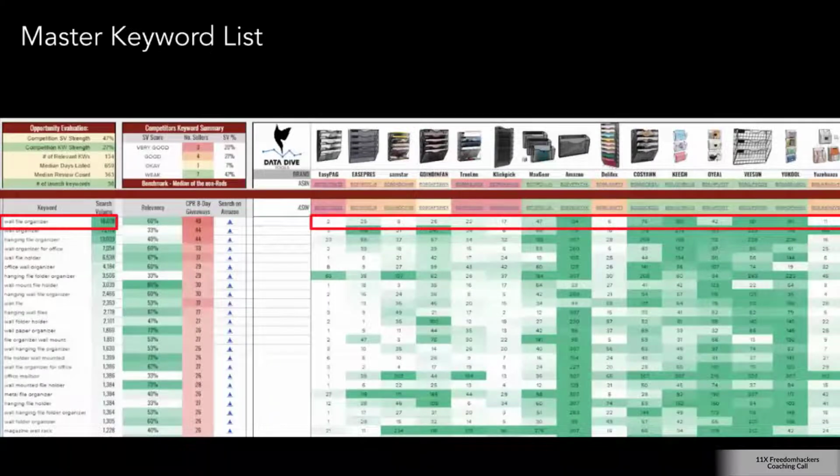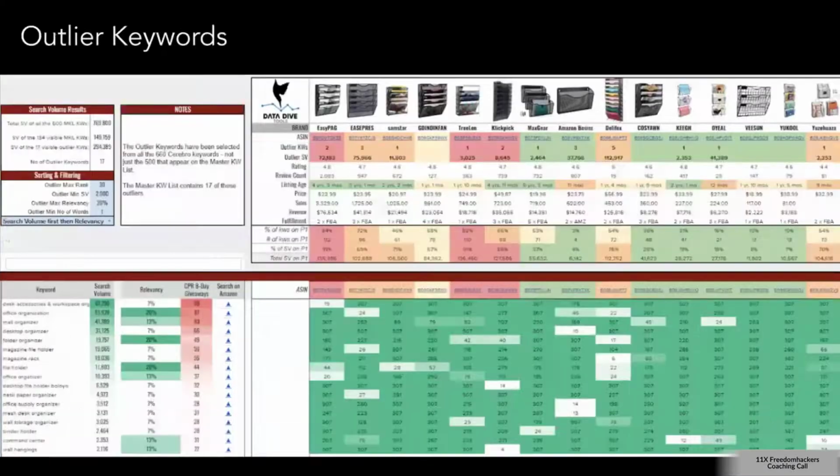That listing is not showing up on any page. And the darker greens here mean areas of opportunity. The more greens we have, the better the opportunity is. So again, this 307 means it's not indexed.